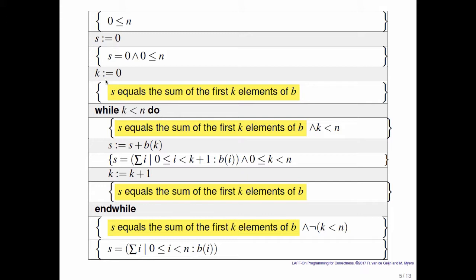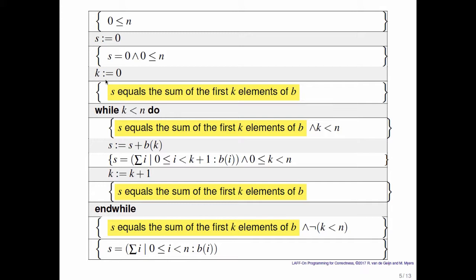Now notice that if we ever get into the situation where the loop guard becomes false, then we come out of the loop. But no computation happened between the assertion at the bottom of the loop, S equals the sum of the first k elements of B, and the check that we did to see whether we should stay in the loop, k less than n. So that means that when we come out of the loop, it's again the case that S equals the sum of the first k elements of B, but now it's no longer the case that k is less than n.